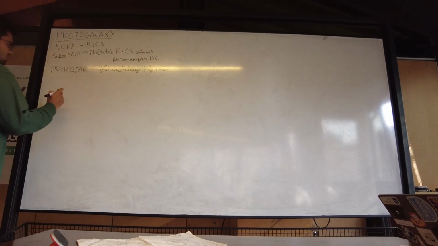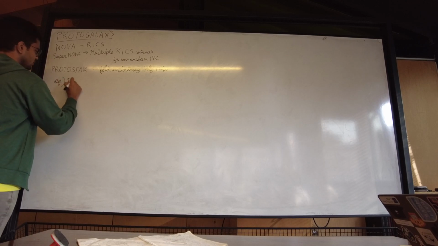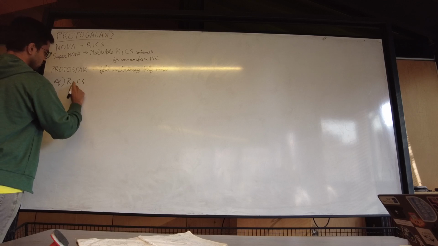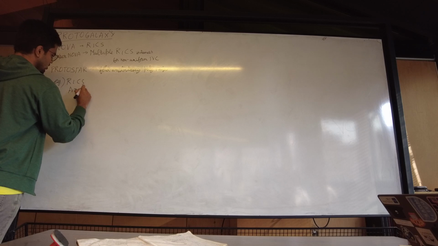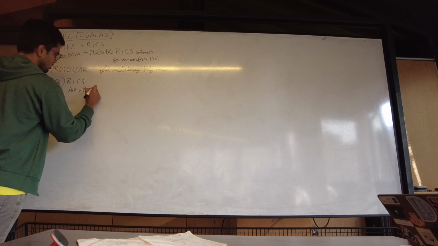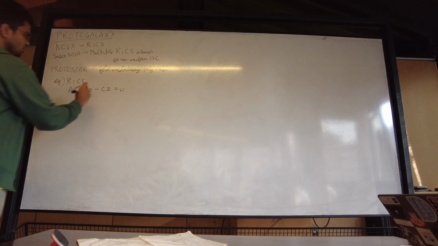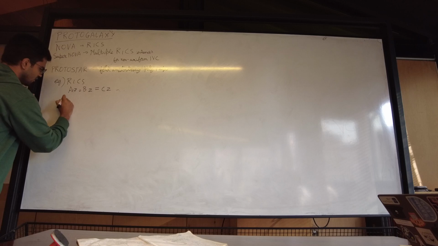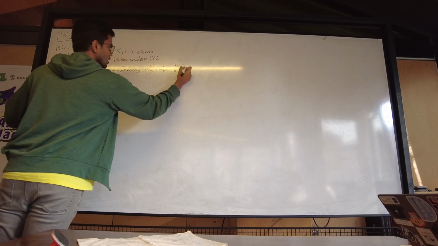For example, we have R1CS, right? R1CS is Az ∘ Bz = Cz. You can write it as a polynomial map, let's say f(x).